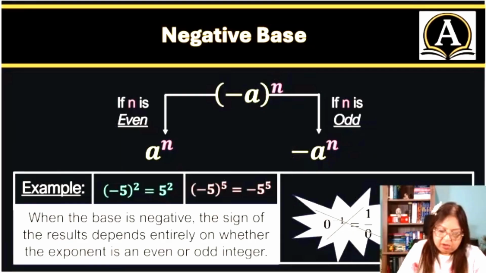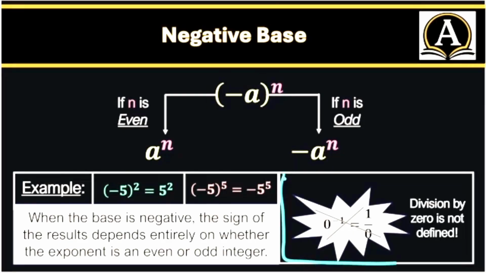Alrighty, moving on. Here, just a note that division by 0 is not defined. I think I should have put this note where I had defined negative exponent, not negative base. So this is kind of a little out of place, but it's very important nonetheless, so I do not want to ignore it.